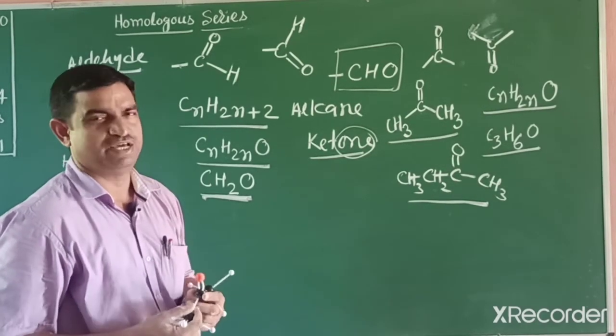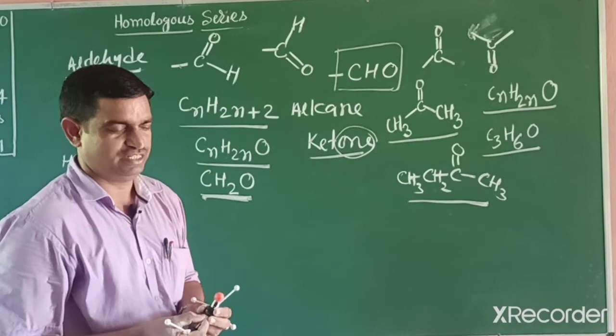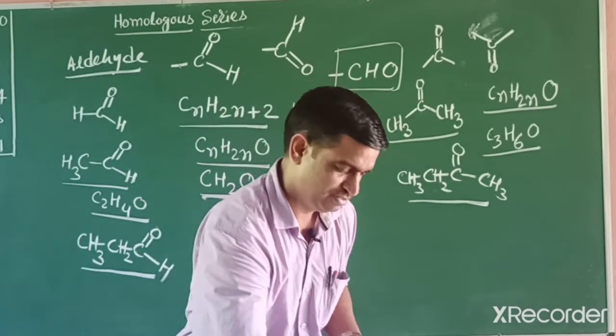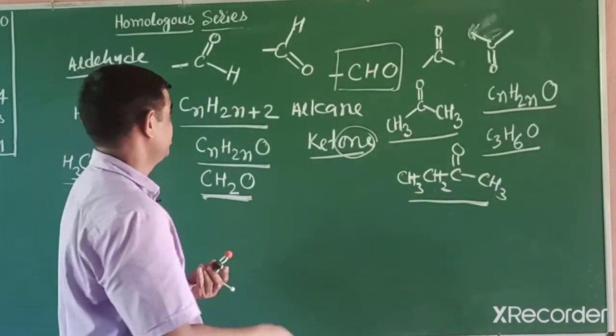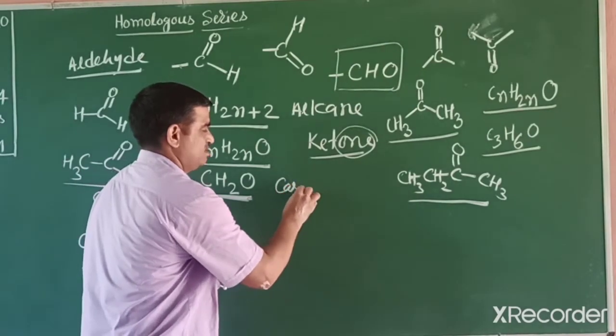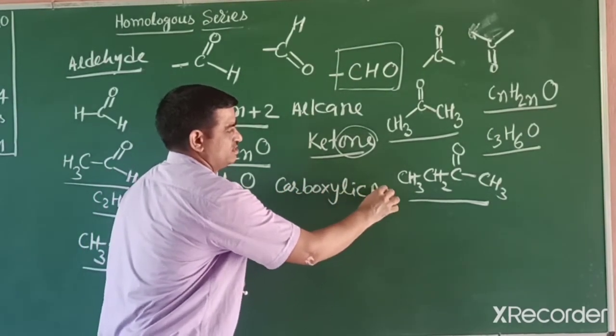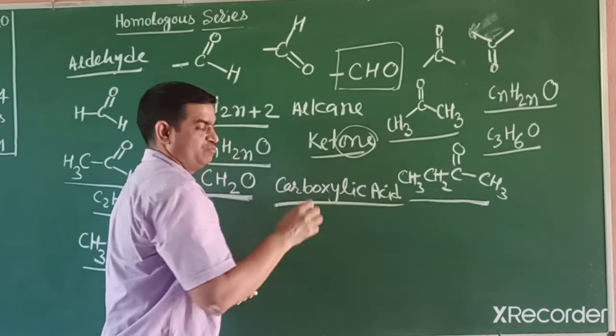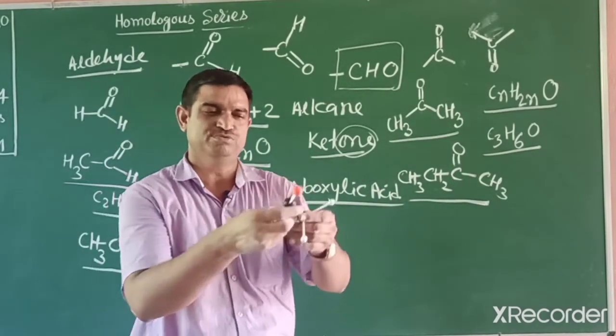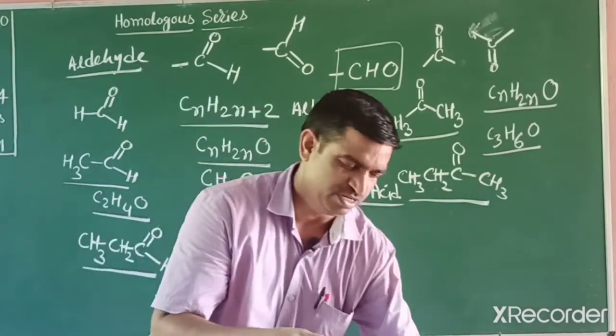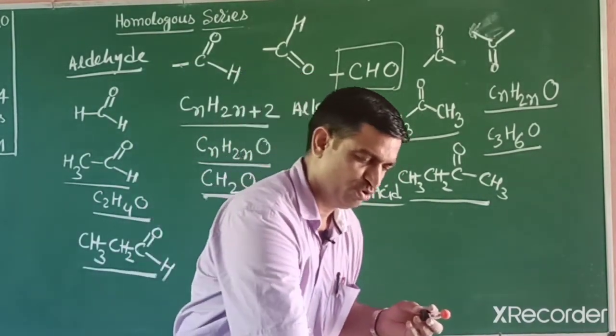Now we explain another functional group, that is carboxylic acid. Students, carboxylic acid, how can we make it? For carboxylic acid, what we have to do? C double bond, we have to make one OH.